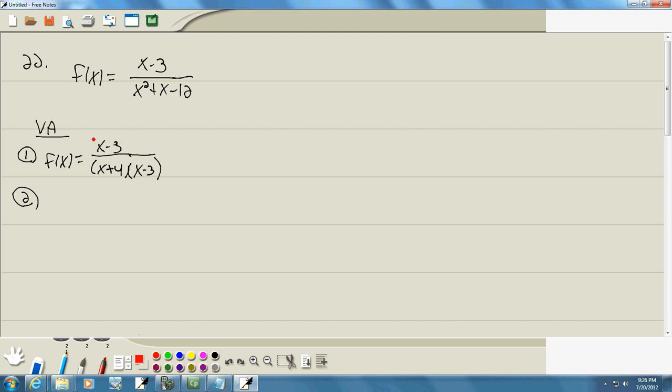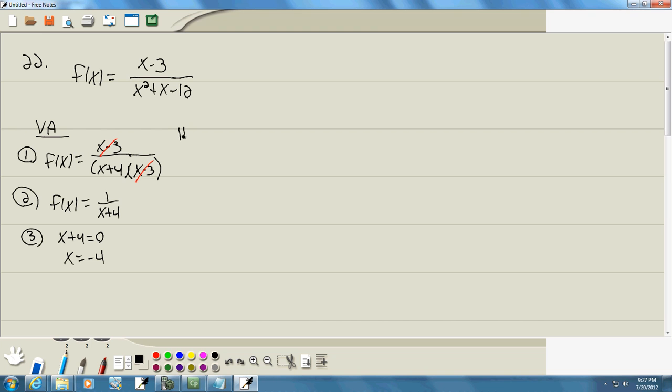I see how they both have an x minus 3, so those are going to cancel. So we got f of x is equal to 1 over x plus 4. And in step 3, set your denominator equal to 0 and solve, and you get x is equal to negative 4. This is how I could see which one was graphed based upon the asymptote.